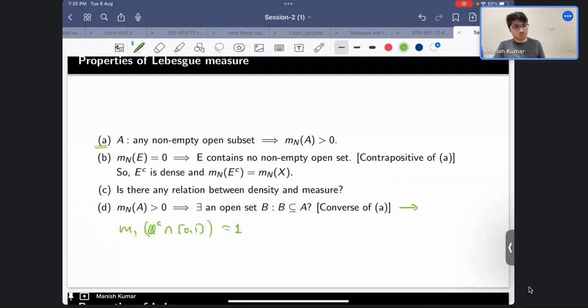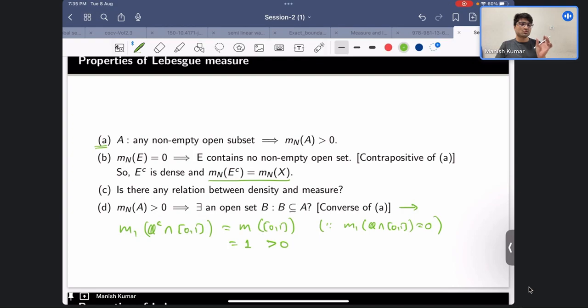Because the measure of Q intersection 0 1 is 0, so by this property its complement will have measure equal to 1. So this measure is positive.